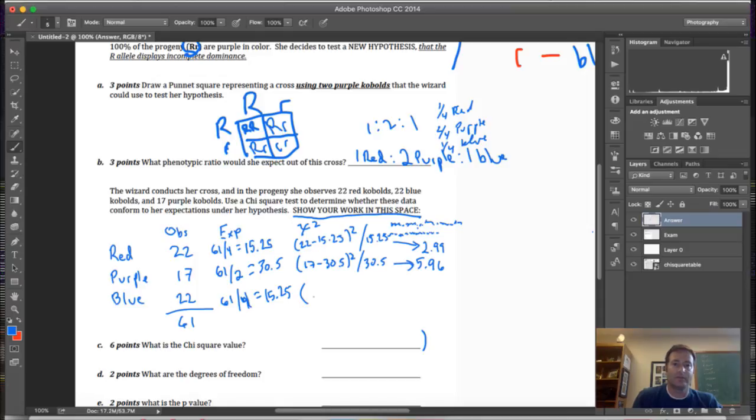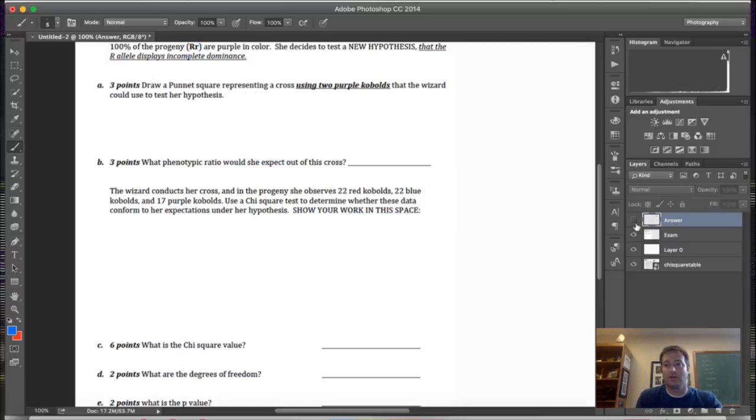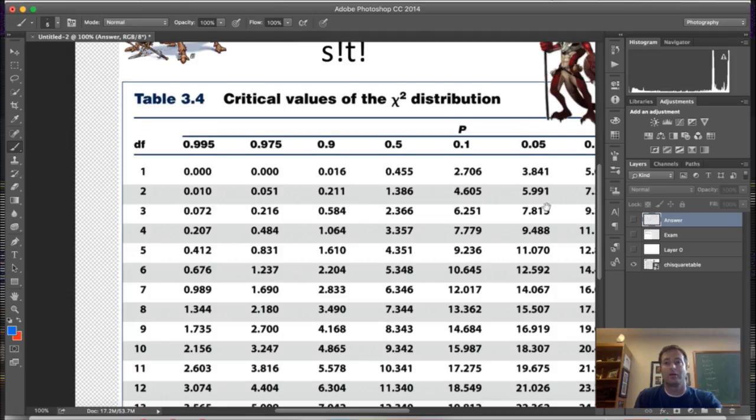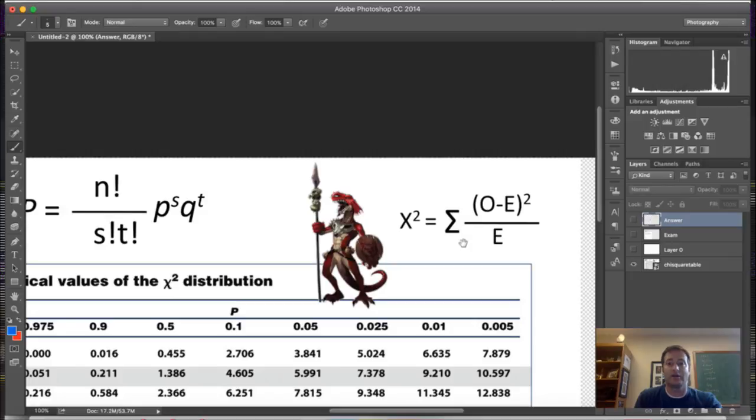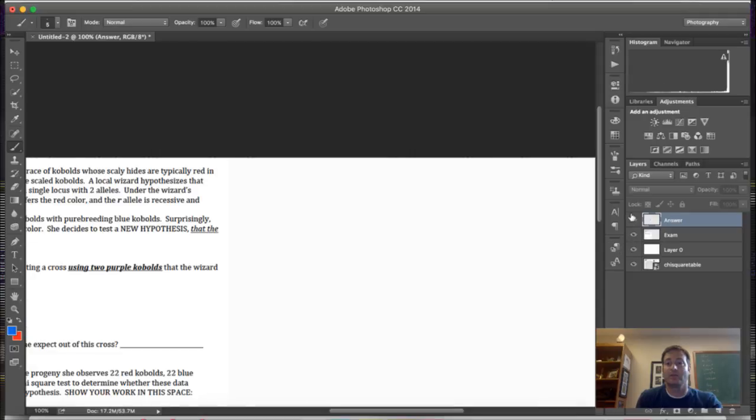So this would be our observed 22 minus our expected 15.25 squared over 15.25. And again, this formula is right there. To get the chi-square test statistic, we just have to add up those numbers that we just calculated.